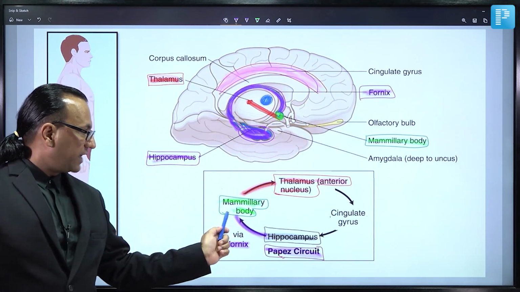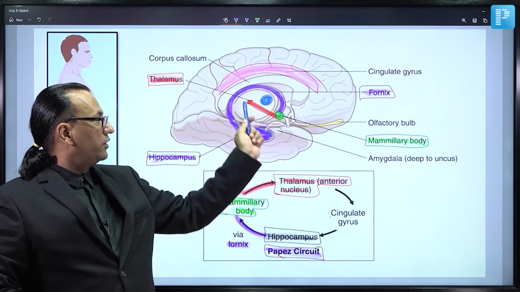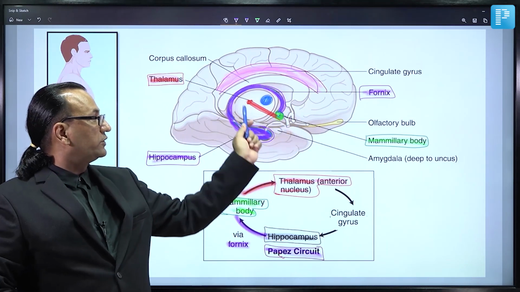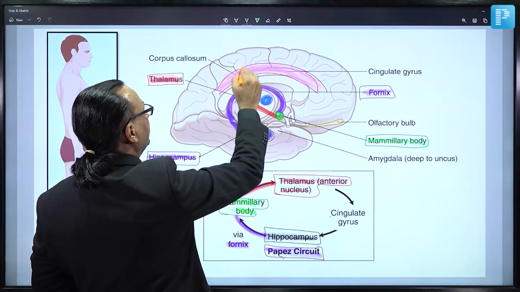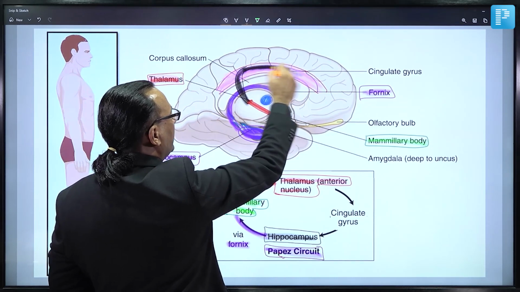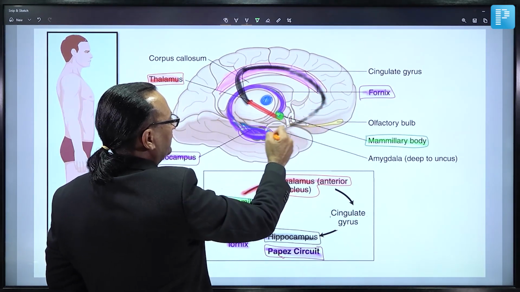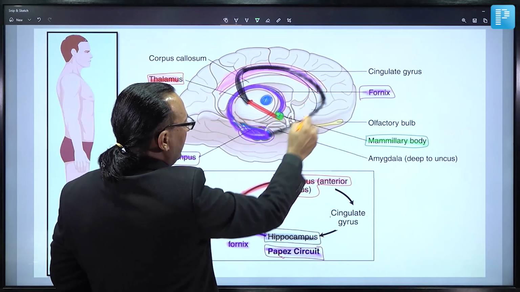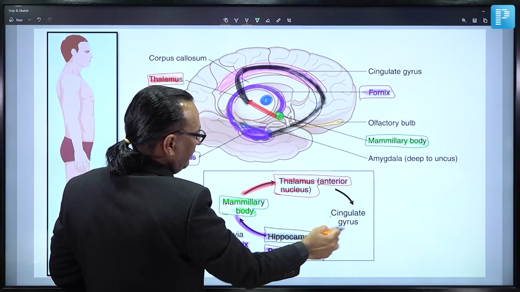And this mammillary body has to send the mammillothalamic tract, which you can once again see here, reaching the anterior nucleus of thalamus. And from there, you need to send the information towards the cingulate gyrus. As you reach the cingulate gyrus, it will then send the information back towards the hippocampus, as we have noticed earlier as well, shown here, from the cingulate gyrus towards the hippocampus.